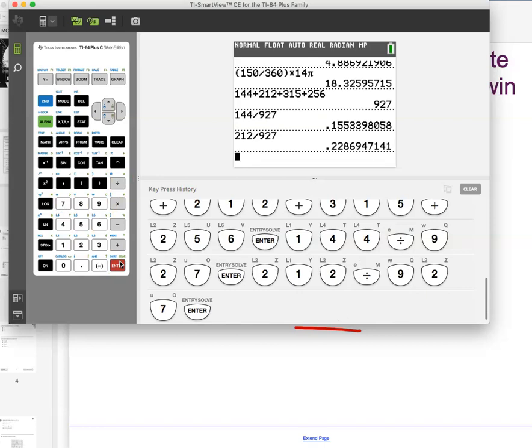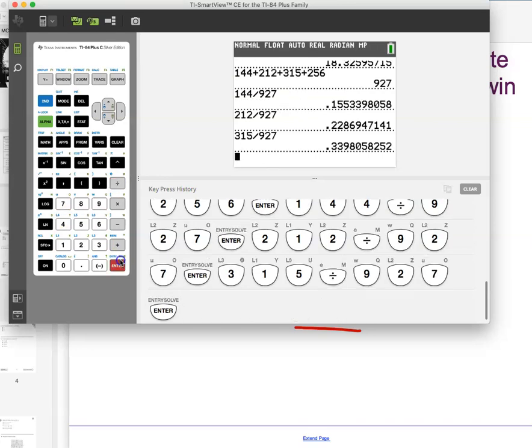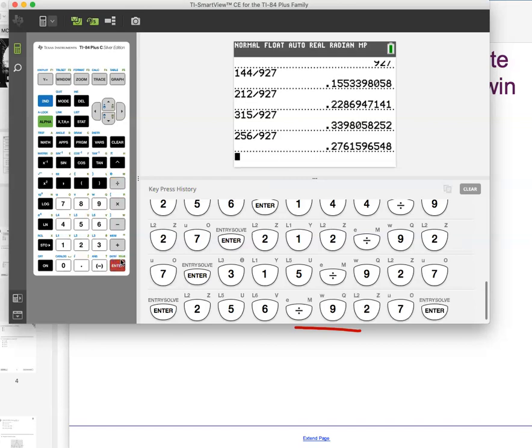So there's Eberhard, 22.87%. There's Smith, 27.62%.